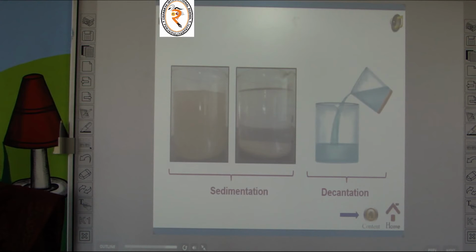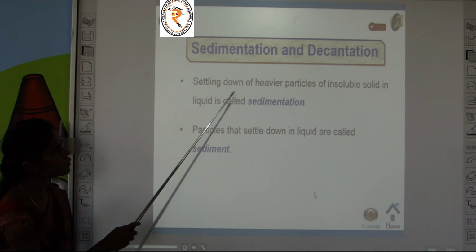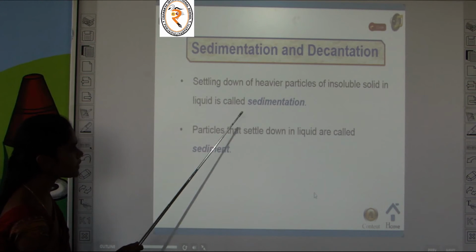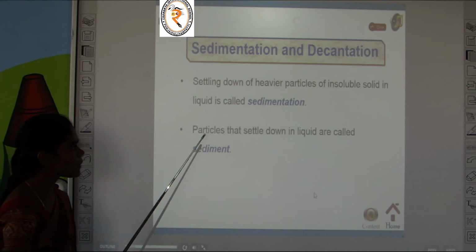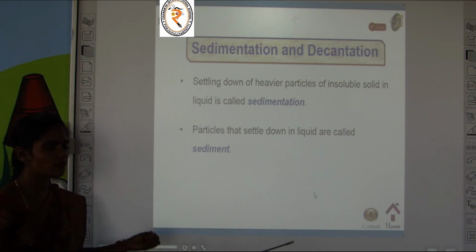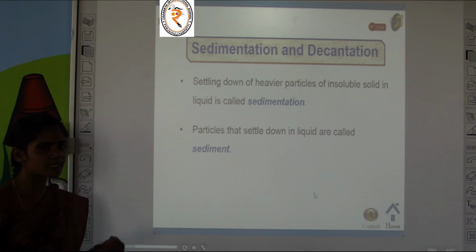What is called decantation? Settling down of heavier particles of insoluble solid in liquid is called sedimentation. Particles that settle down in liquid are called sediment, like the mud and small stones present in muddy water.